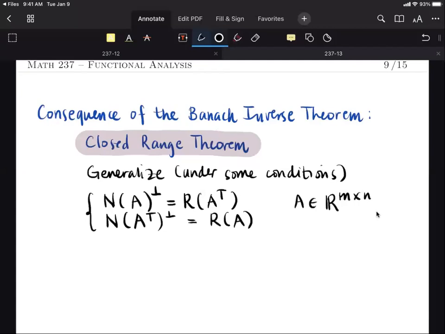So the orthogonal complement is well defined, and one should define the transpose of an operator, and that is what we call the dual. So the closed range theorem aims to generalize under certain conditions this property in the case of matrices. Here, under some conditions, because this is not true for infinite dimensions in general.